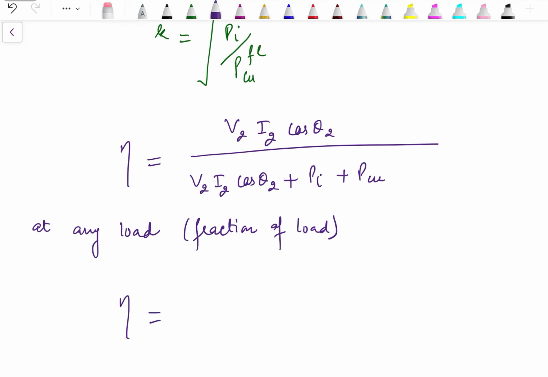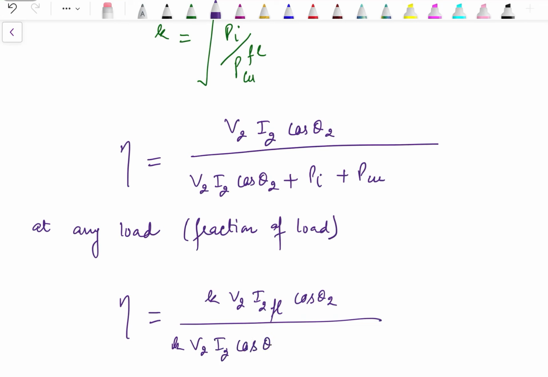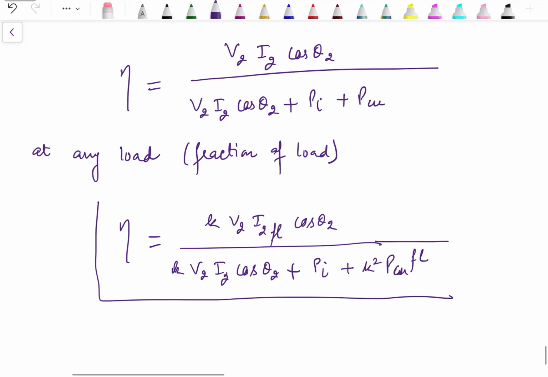Let's say you have to calculate the efficiency at 80% of the full load. So this I2 will be equal to K times I2FL. So we can write this as K times V2 I2FL cos theta 2 upon K times V2 I2FL cos theta 2 plus Pi plus K square PCUFL. So using this expression, you can calculate the efficiency at any fraction of load.